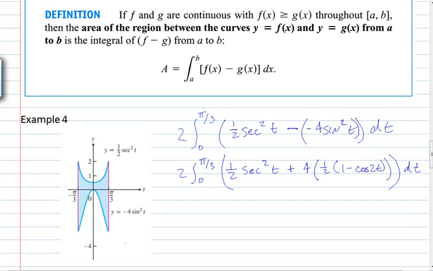Now, just to make life good, I'm going to break this into two separate integrals. Multiply 2 times 1/2 and I get the integral from 0 to pi over 3 of secant squared t dt plus 2 times 4 is 8 times that half is going to be 4 times the integral from 0 to pi over 3 of 1 minus cosine 2t dt.